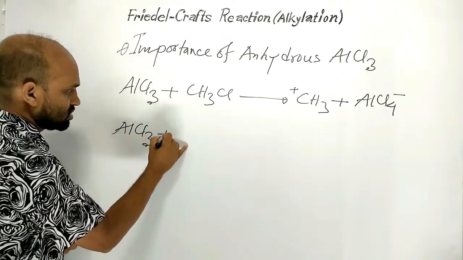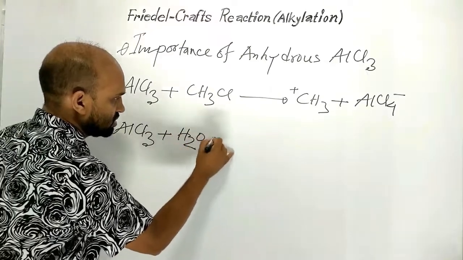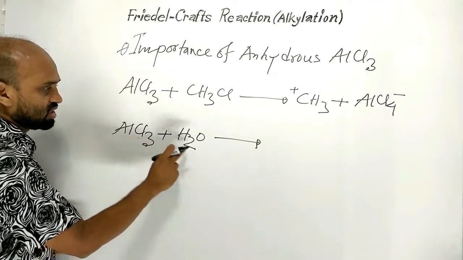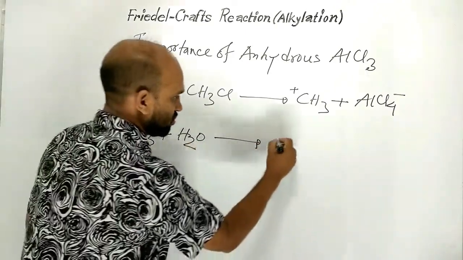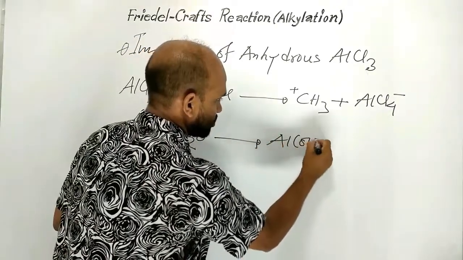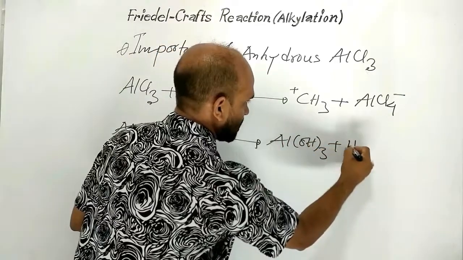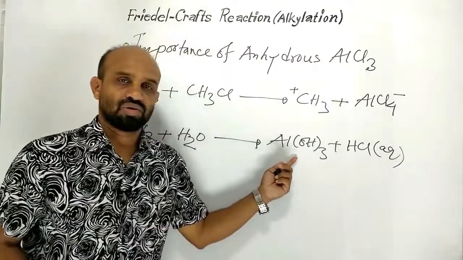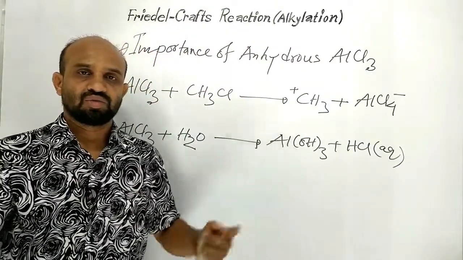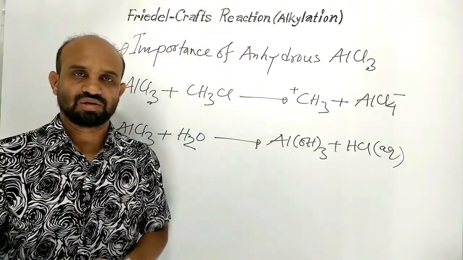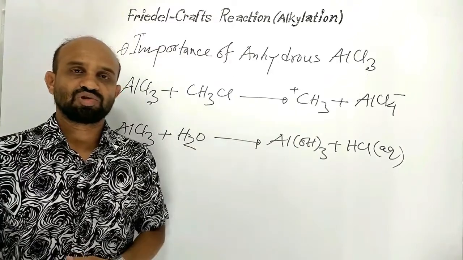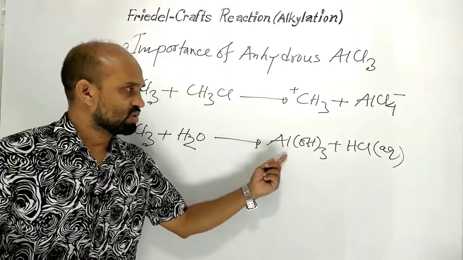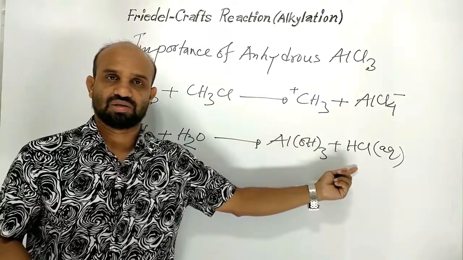this aluminum chloride is hydrolyzed in presence of water to form aluminum hydroxide and hydrochloric acid. So when it is moist aluminum chloride, then this aluminum chloride is hydrolyzed in presence of water to form aluminum hydroxide and hydrochloric acid.